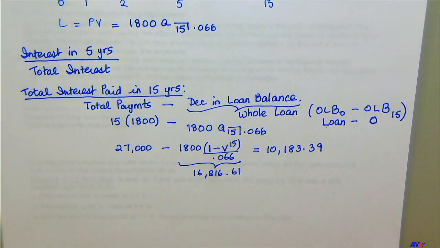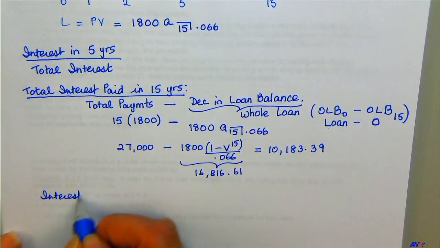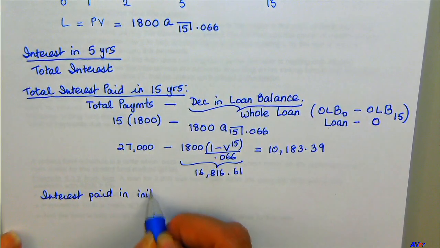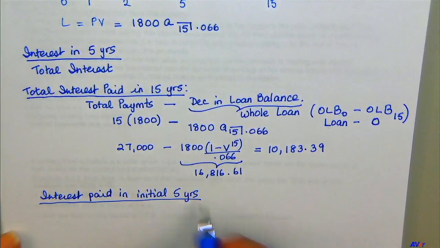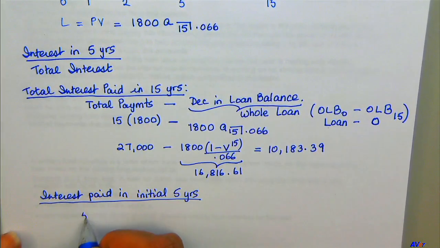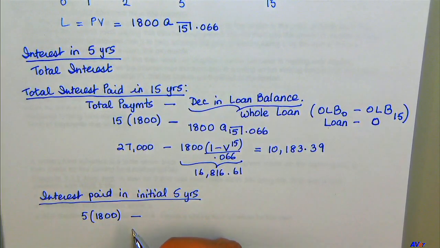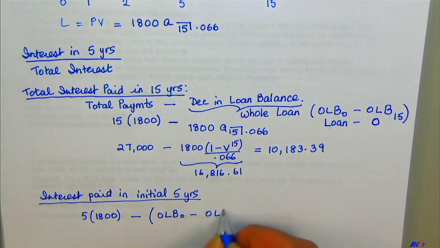Now I do the same thing but only for 5 years. Interest paid in the initial 5 years: total payments, 5 times 1800, minus the decrease in principal loan balance, meaning the sum of all the principals paid. So this would be OLB 0 minus OLB 5.